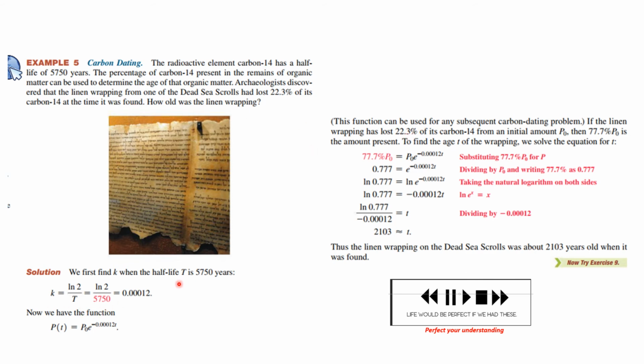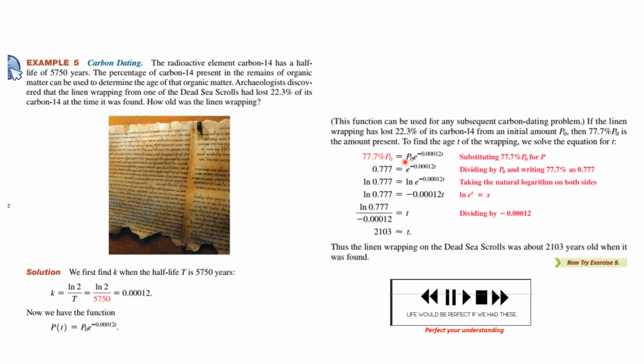Well, you can find k using the formula that we just have, and that gives us this function for the decay. So we can say that now if we've lost 22.3%, we still have 77.7%. So 0.777 P0 equals P0 times this.